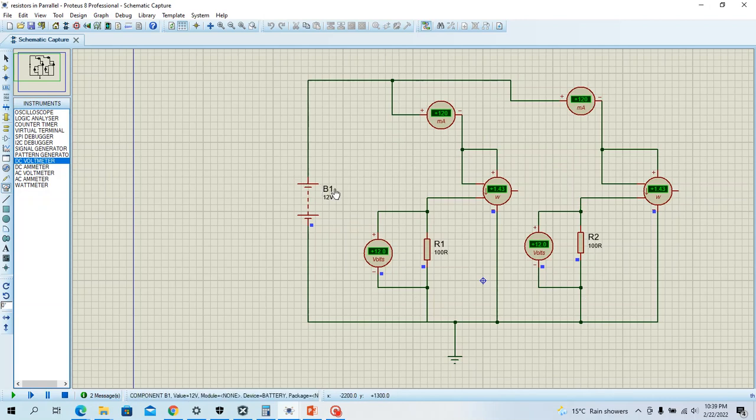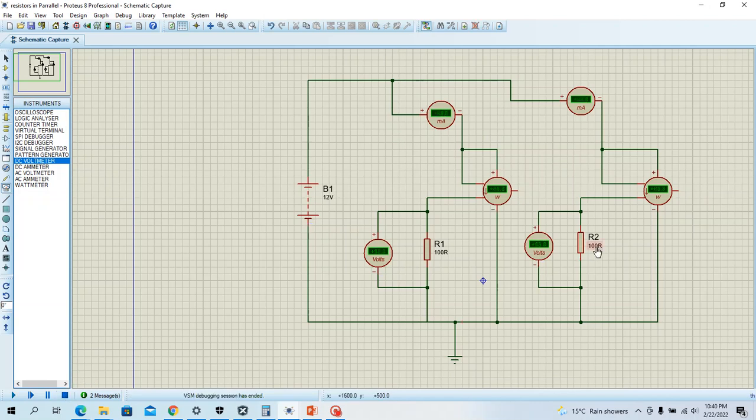If this is the source voltage, across this 100R resistor it is 12 volt and here it is 12 volt, and the power dissipation of this resistor and this resistor is 1.44 or 1.43 watt, and this is 1.43 watt, as we found in our presentation. So these are the same value resistors.